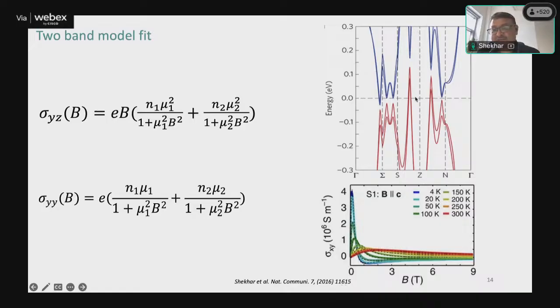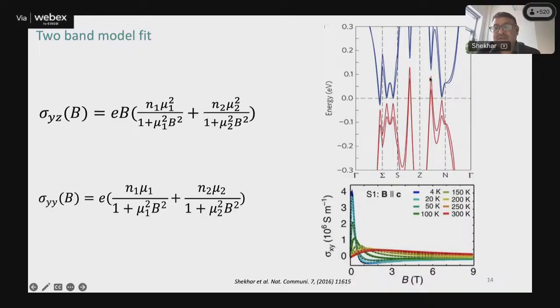Like here, for example, I was telling, we can see the band structure of a semi-metal. For example, the red one is the valence band, and the blue one is the conduction band, where we can see this band is electron type, this band is hole type.